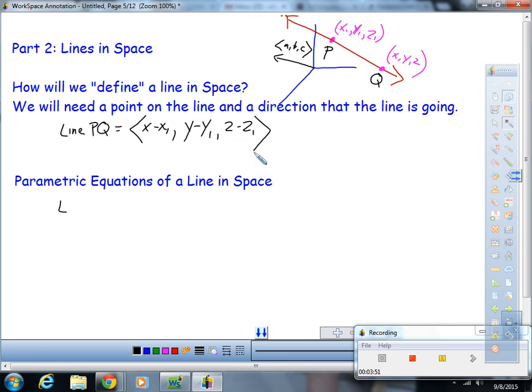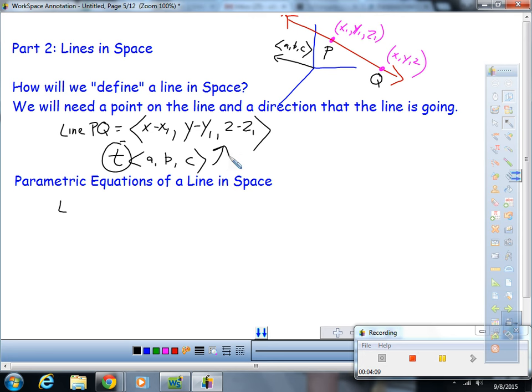Okay, so we do know that. Remember, that's a vector, and we're trying to come up with an equation, and these are two separate things. Okay, but we also know it's parallel to this vector. So we know if we multiply this vector by some constant, it could lead us to that vector.